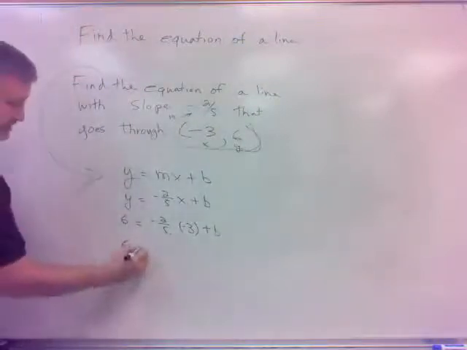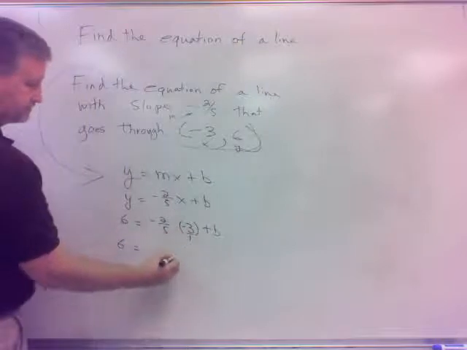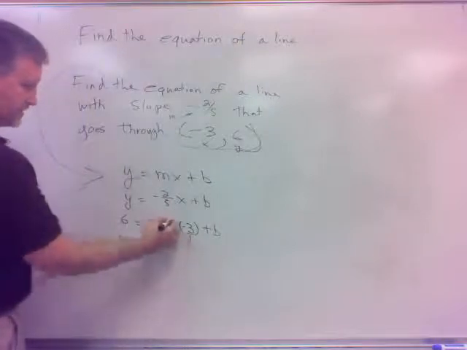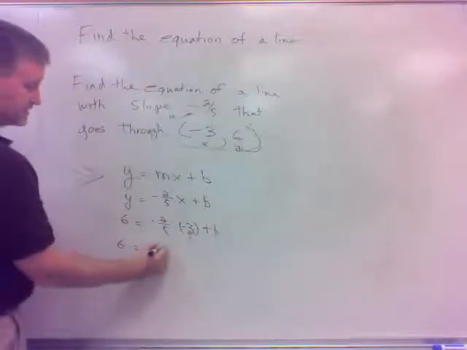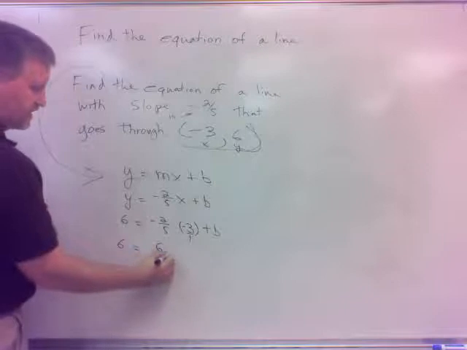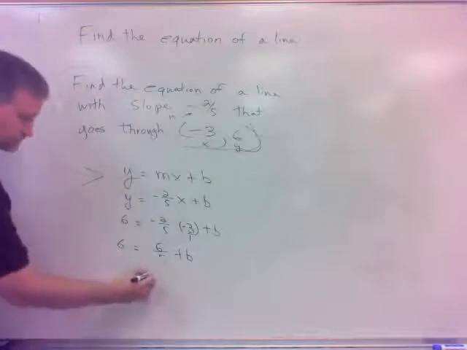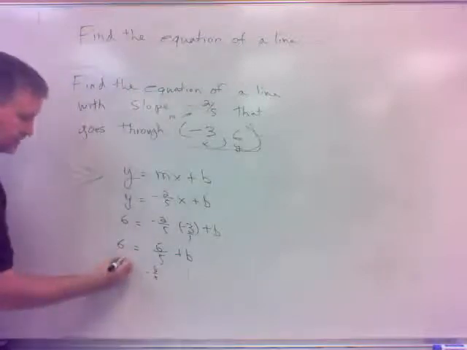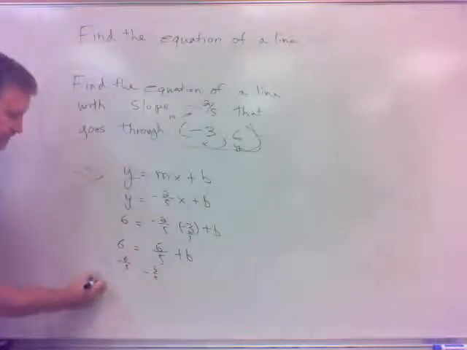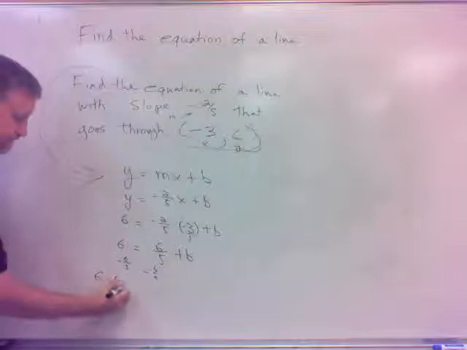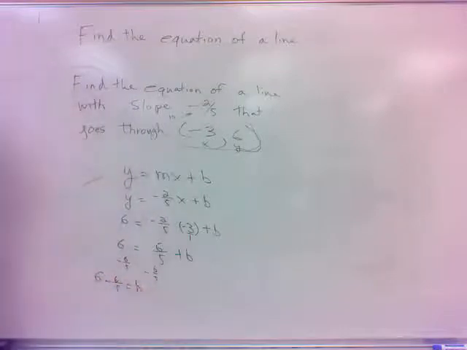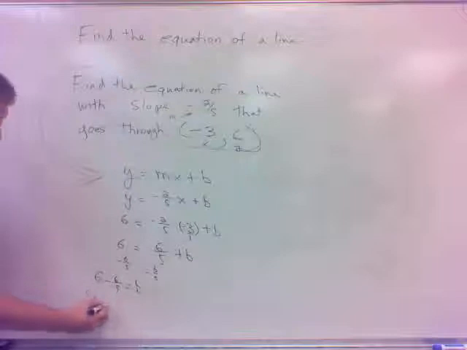And so that would be 6 equals negative 2/5 times negative 3, which is positive 6/5, plus b over there on the right. So then I'll just subtract the 6/5, and that's my b.